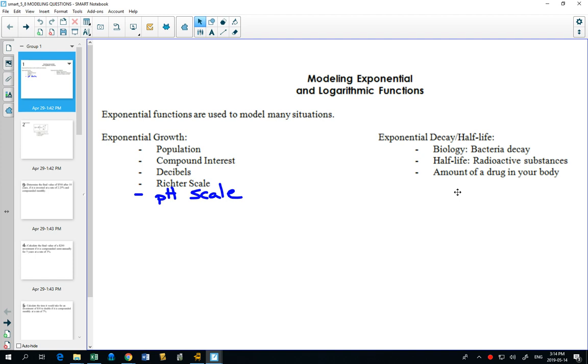Now, eventually, when you keep cutting something in half, it gets so close to 0 that you could basically say it's gone. But that's part of how they can use science to figure out if you had a drug in your body when you were at that race or something.